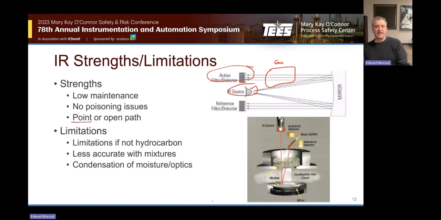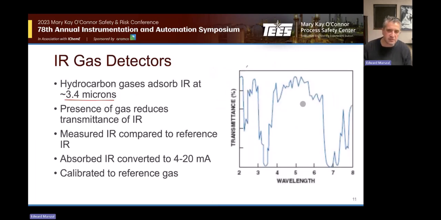Now, limitations. Number one, if you're not measuring a hydrocarbon, I won't tell you it's impossible, but I will tell you that it's more complex. The reason is that your manufacturer, for the most part, is tuning their device to look at a certain frequency range, and that frequency range is based on hydrocarbon gases, looking at that carbon-hydrogen bond.